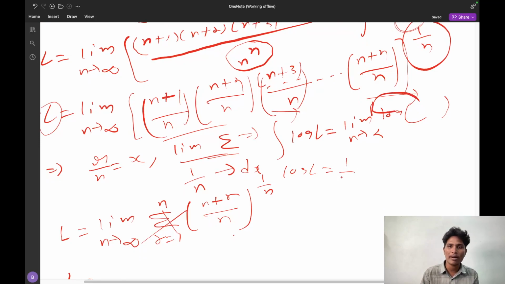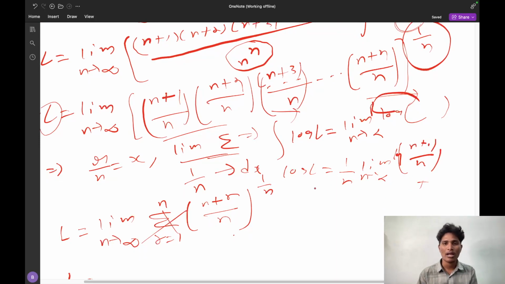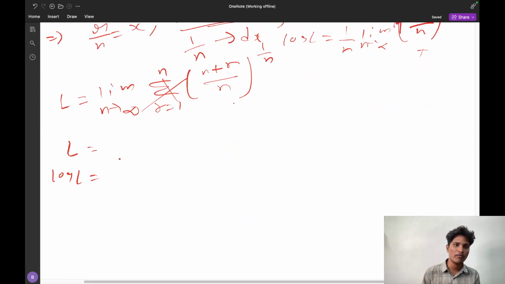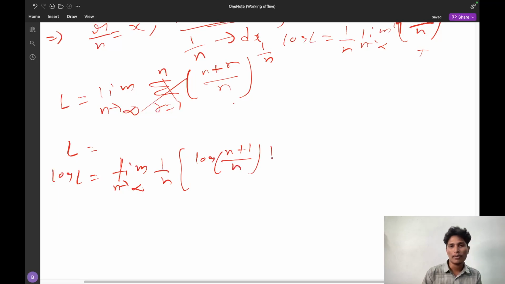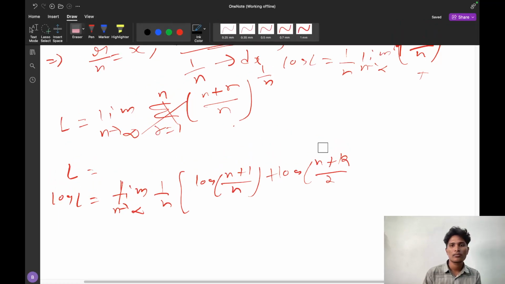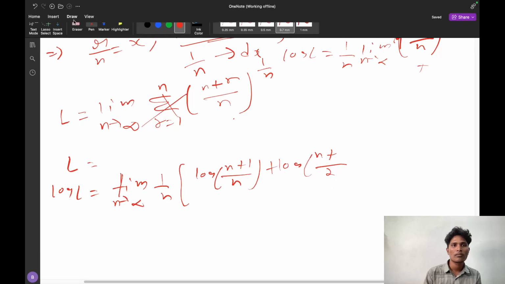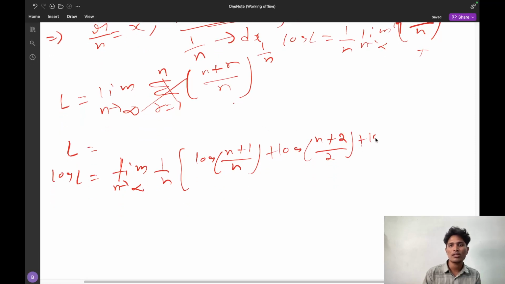Log L is equal to limit n tending to infinity 1 by n into [log of (n plus 1) divided by n, plus log of (n plus 2) divided by n, plus log of (n plus 3) divided by n, and up to log of (n plus n) divided by n].